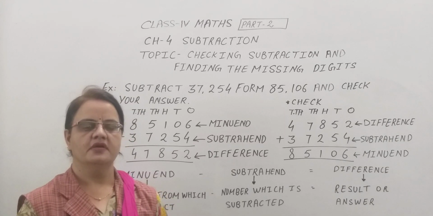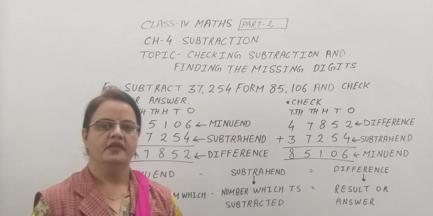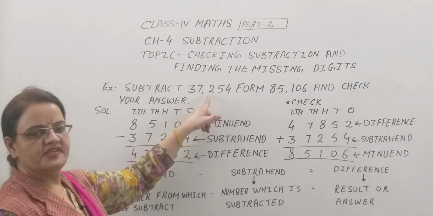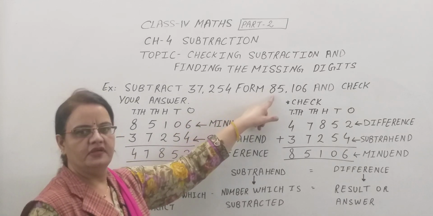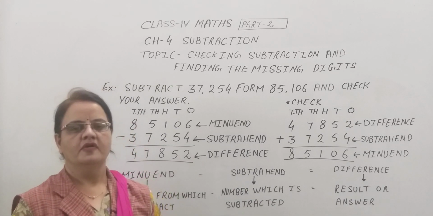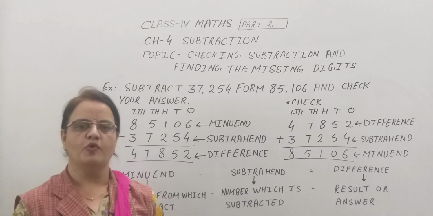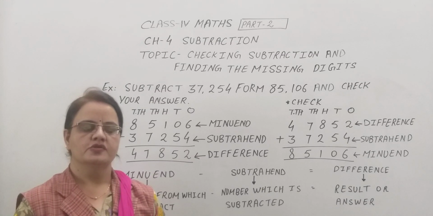So students, first we will arrange the digits. Before arranging the digits, first we will compare both numbers. When we subtract, we write the greater number on the top side and the smaller number below.